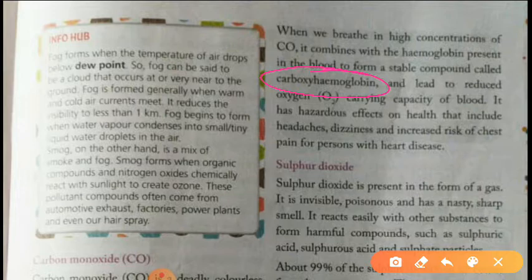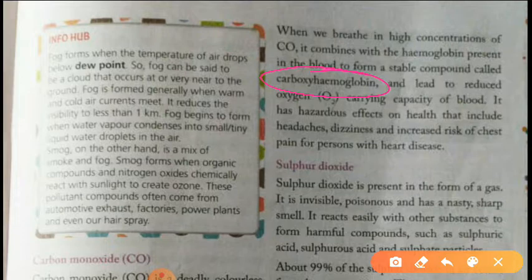It also has a hazardous effect on health, including headache, diarrhea, and sometimes it increases the risk of chest pain for a person with heart disease. If any person is suffering from a heart disease and inhales more carbon monoxide, then he will suffer from chest pain.